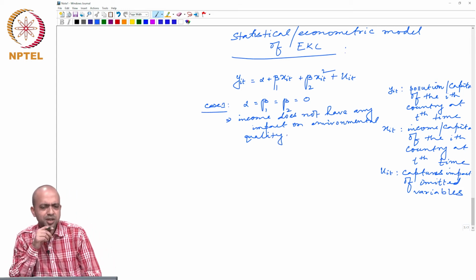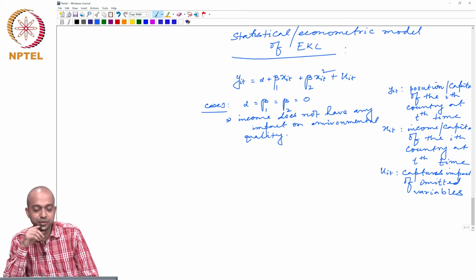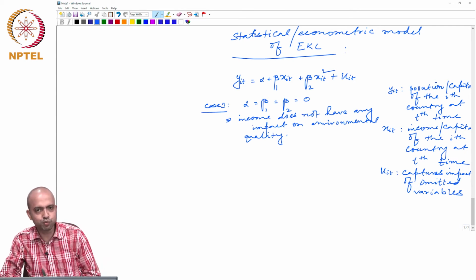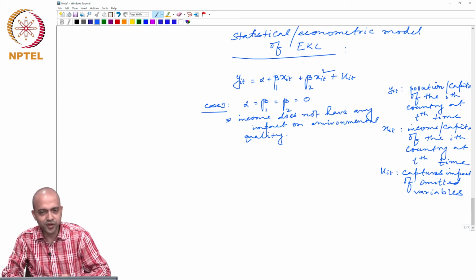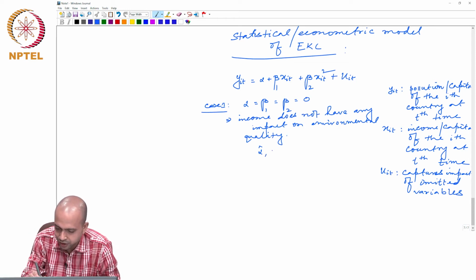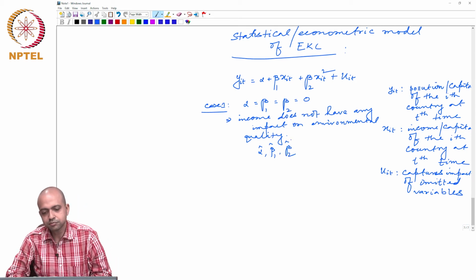Now, you might be thinking, how can alpha, beta 1 and beta 2 be 0? Actually, they may not be exactly 0, but after estimating this model, and estimation is also possible through statistical software, I will show you in a later part of our discussion how to estimate this type of model. Once you estimate, you will get the estimated value of these population parameters. That means you will get alpha hat, beta 1 hat and beta 2 hat.